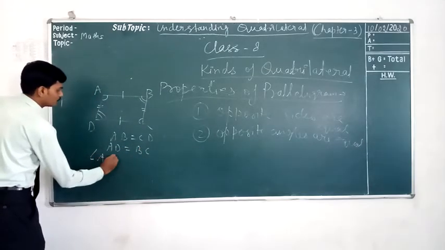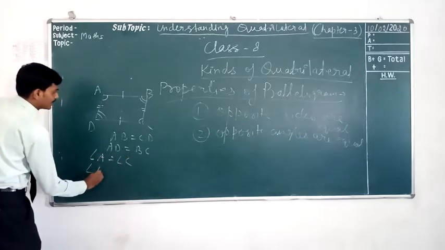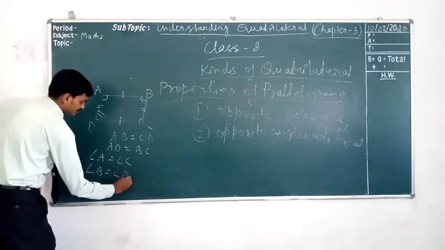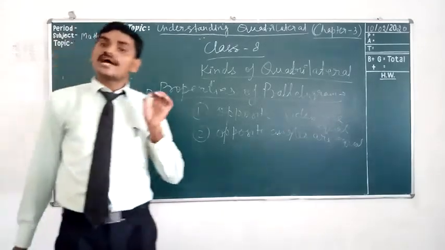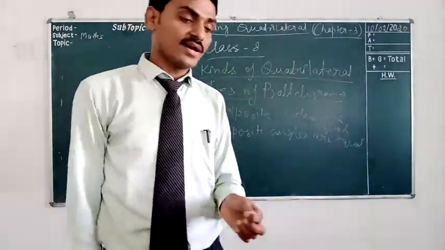Angle A equal to angle C and angle B equal to angle D. Opposite sides are equal and opposite angles are equal.